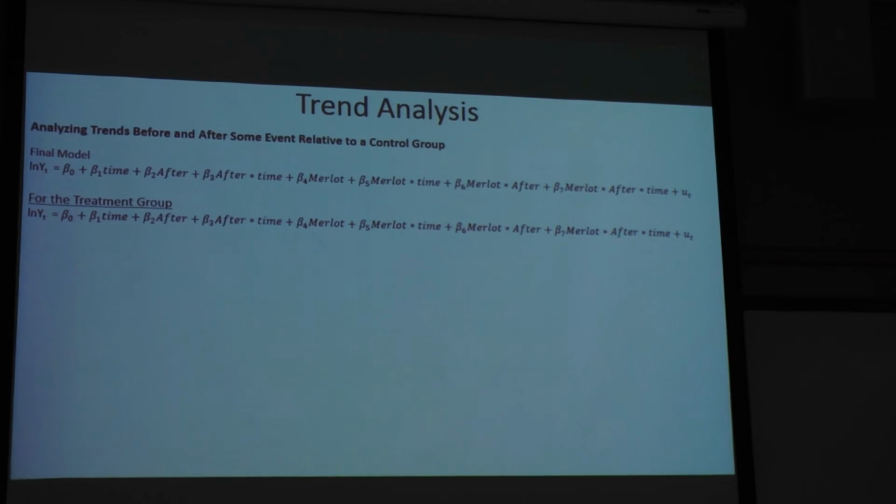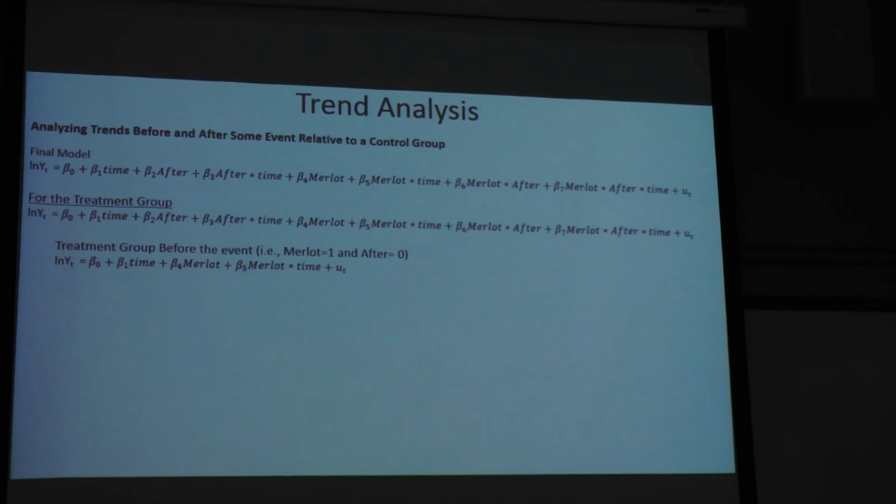Let's look at the treatment group before. If we're looking at the treatment group before, then anything with after is going to be 0. All the after variables zero out. So that's the equation for the treatment group before the treatment.